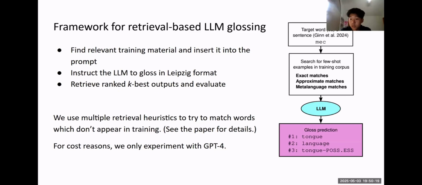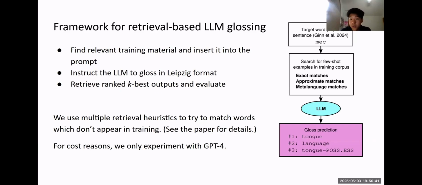In this way, we're able to give GPT-4 examples of how the target word, or any word that closely resembled it through that longest common substring approximate match test, actually works in the context of the language. So we give it that alongside the target word and the language it's given, and we ask it to basically gloss it.